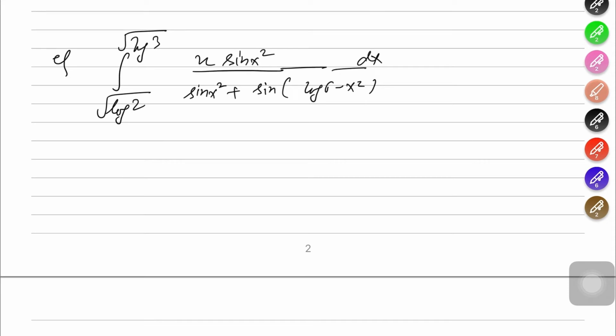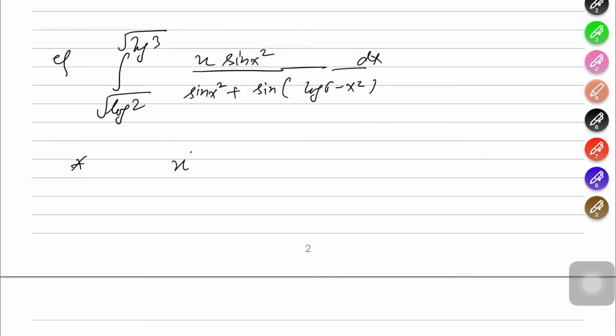Now you observe that directly it does not seem that we can apply it, because this is sine x square and this is x sine x square. One of the functions should be the same in the numerator and denominator, but it is not here. So a little bit we can convert it into this form by some substitution.